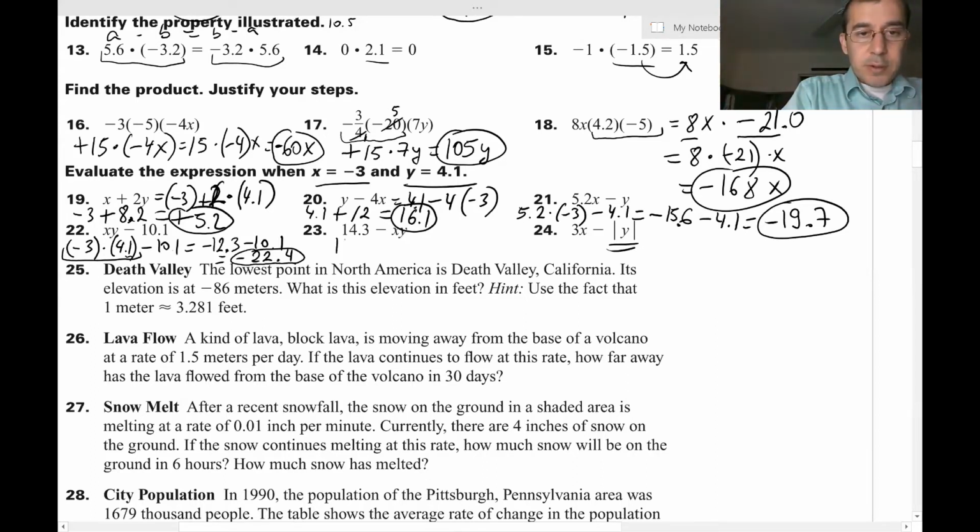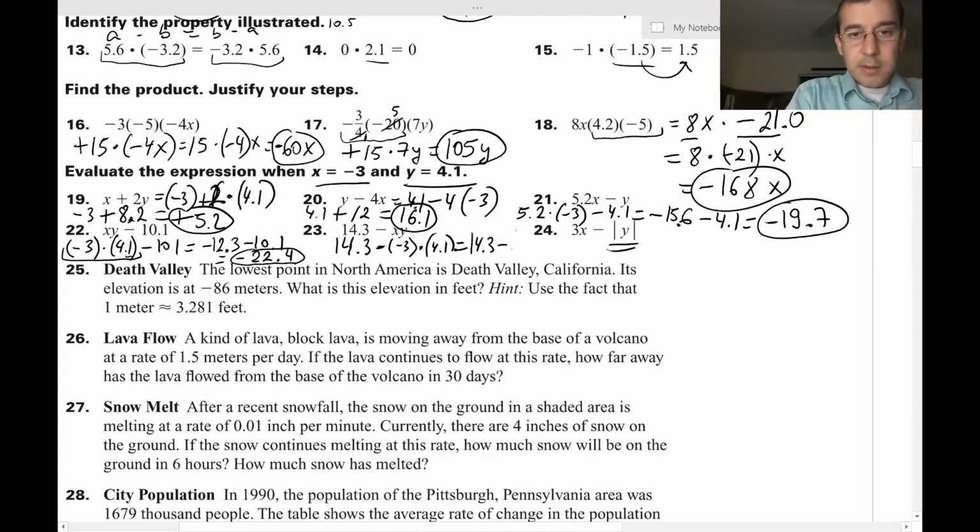23, we have 14.3 minus x, which is minus 3, times y, which is 4.1. This is equal to 14.3. And then we have minus, this minus here. And then we have minus 3 times 4.1.